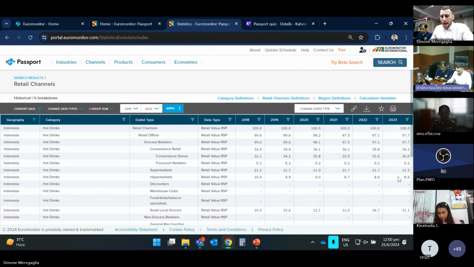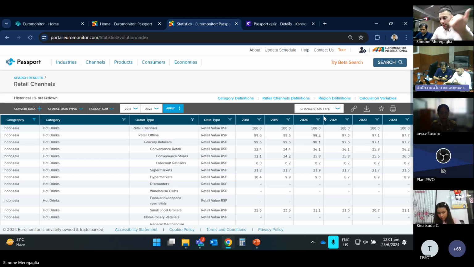But there's also a vast share of small local grocers. Small local grocers might present a challenge because they are very scattered, and sometimes they are even hard to locate through online information. So this is information that government agencies use to advise SMEs, for example.